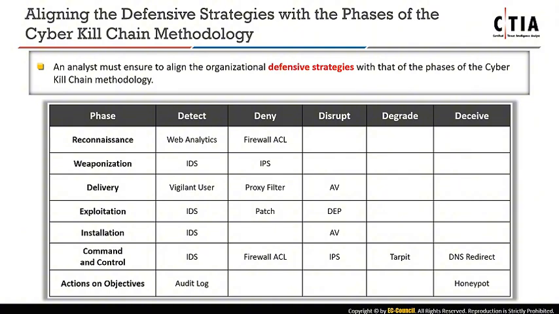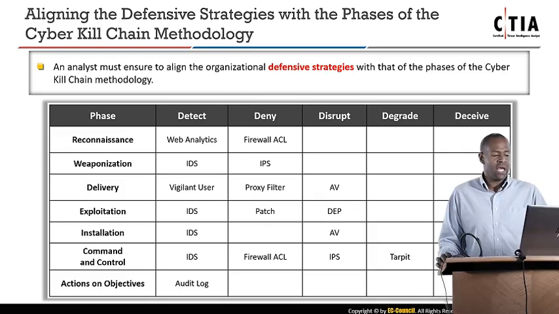So now what we're going to do is align the defensive strategies that we've talked about before and a few others with the phases of the cyber kill chain methodology that we just talked about before. So an analyst has to ensure that the organizational defensive strategies that we have put together align with specific phases of the cyber kill chain methodology.